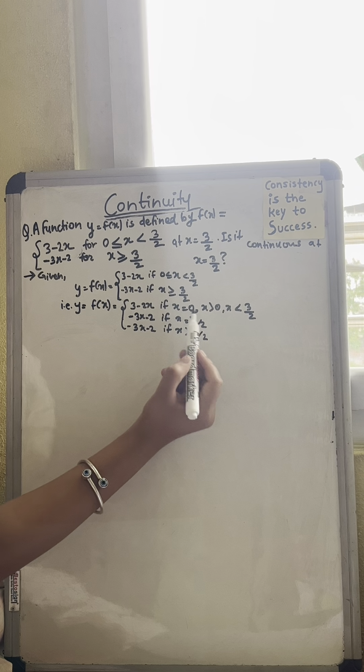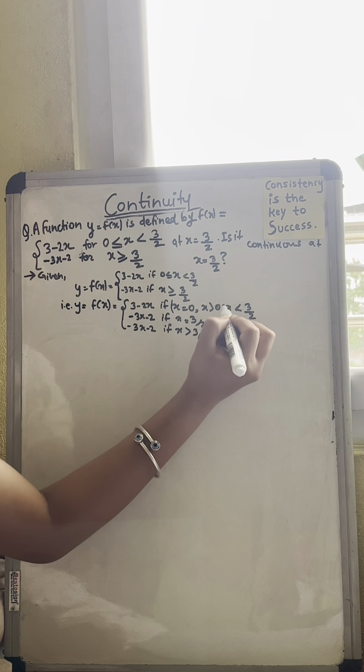So we have to cancel this and only find the continuity at 3 upon 2.